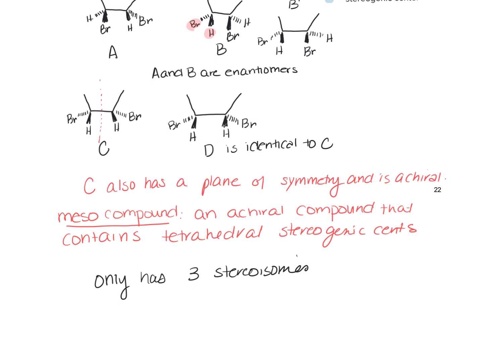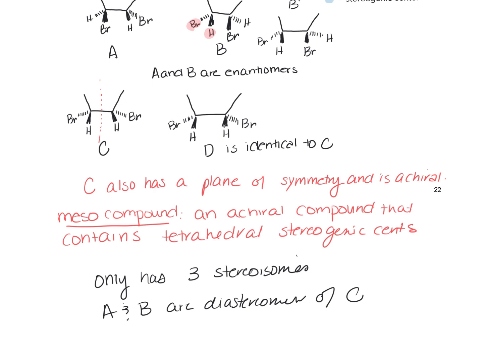And that also means that A and B are diastereomers of C, okay? So this is something that you have to watch for. And again, really looking for that plane of symmetry is helpful.